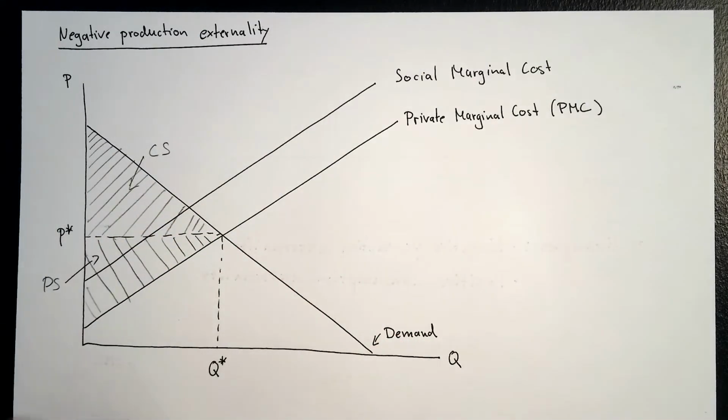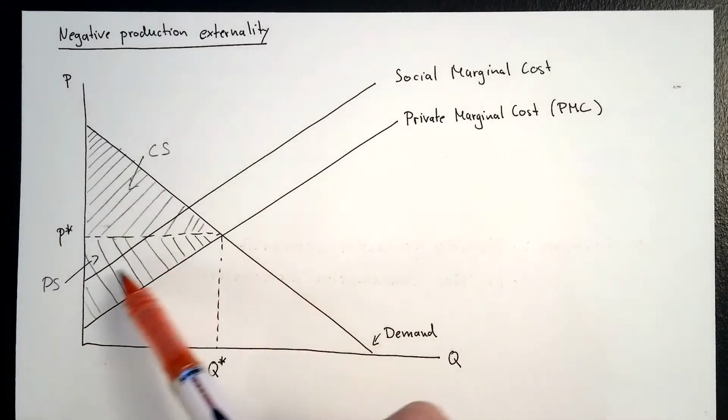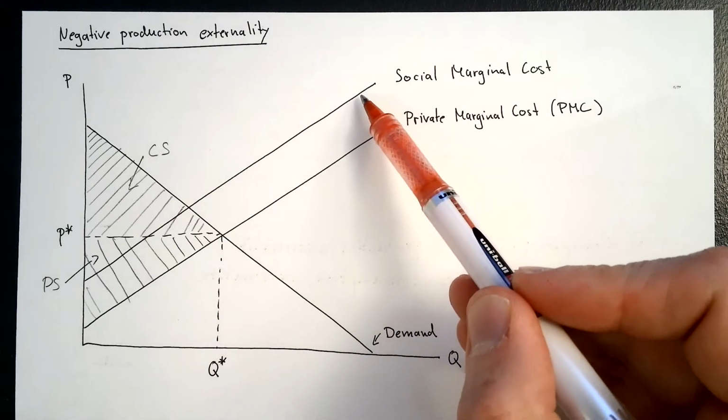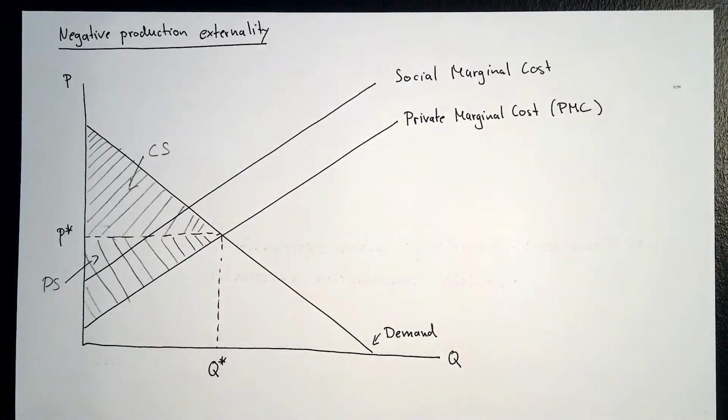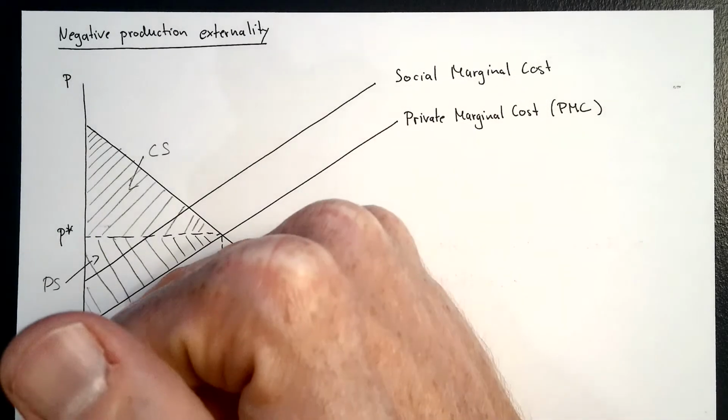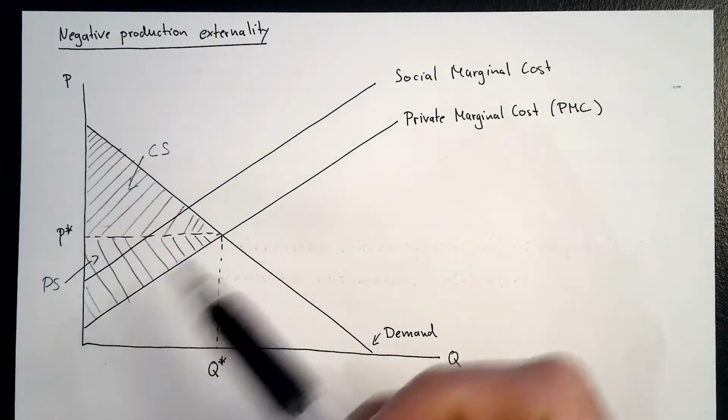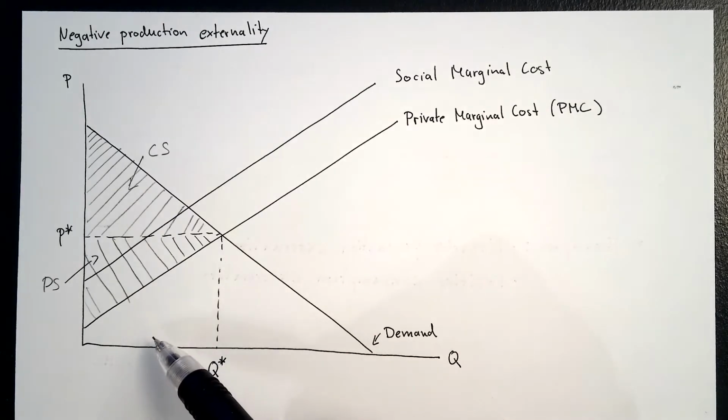Now, the problem is that in this case, we also have this social marginal cost. If you remember from the video where we looked at the relationship between cost, profit, and producer surplus, we have seen that the area below the marginal cost function represents the variable cost.